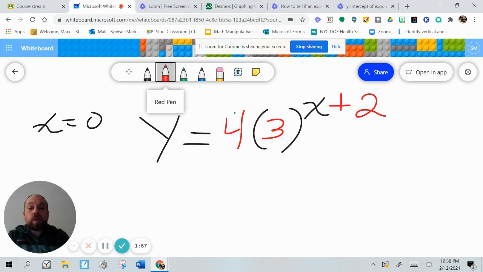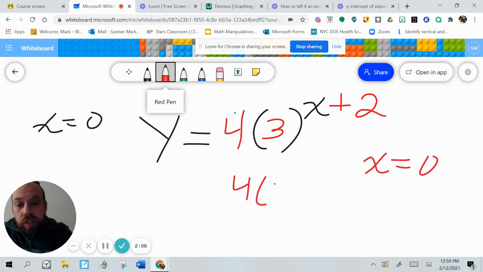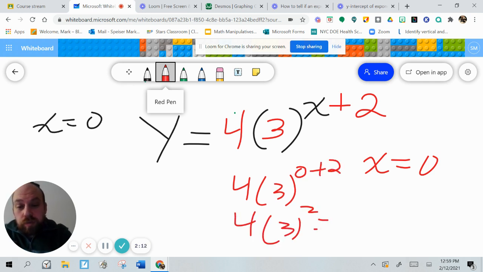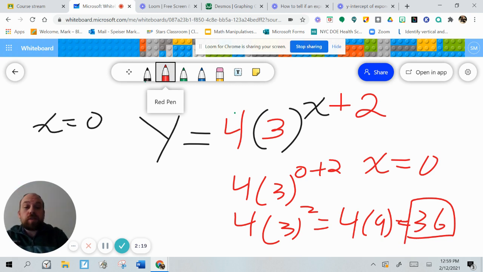Okay. So we can do this as 4 times 3 to the x plus 2 power. You can do this the long way, x equals 0: 4 times 3 to the 0 plus 2 power. 4 times 3 squared. 4 times 9 is 36. And I just shifted the y-intercept to 36.